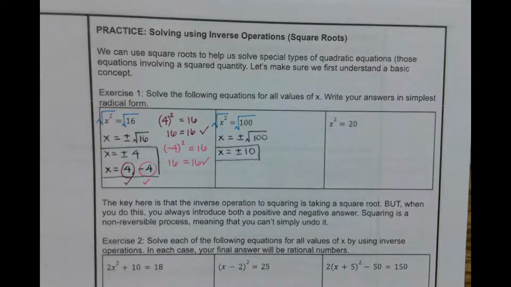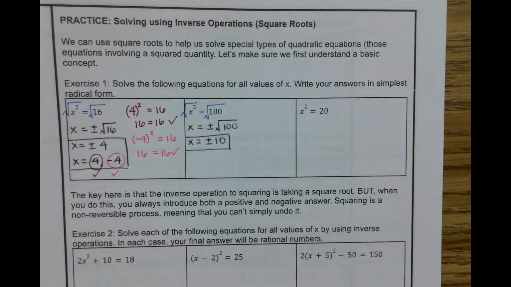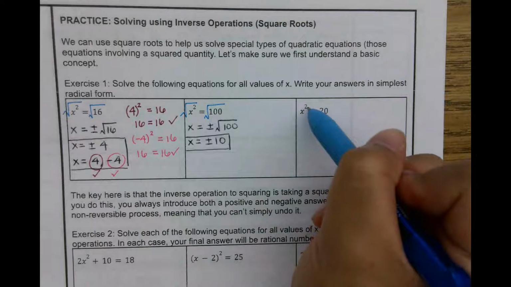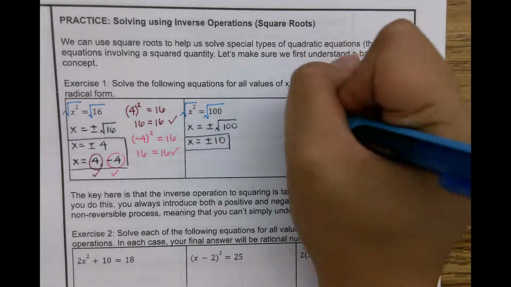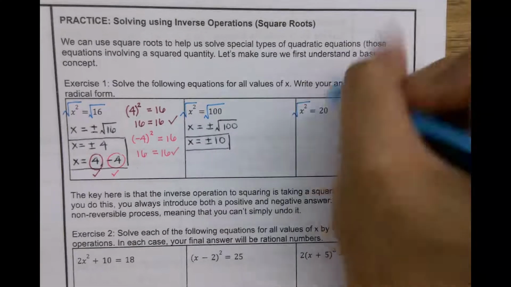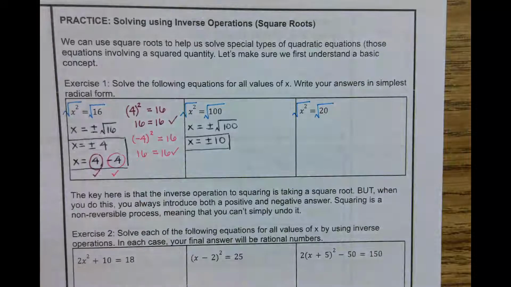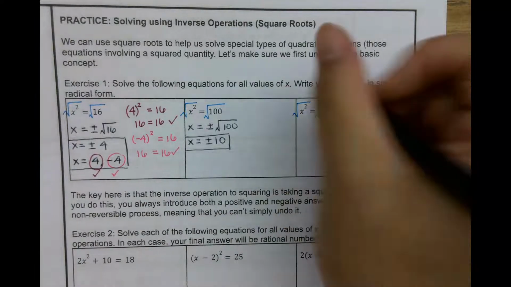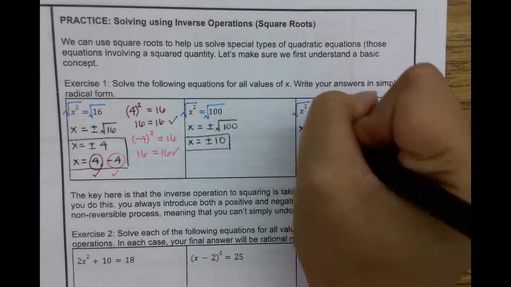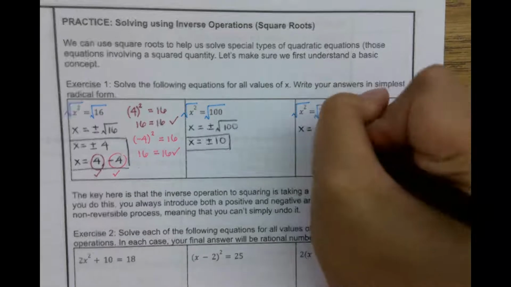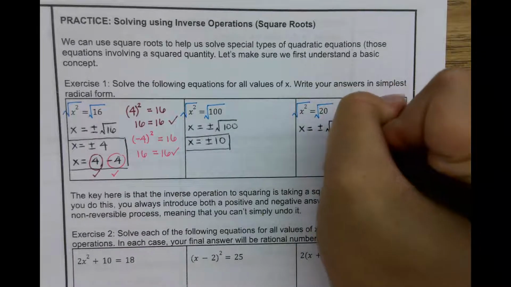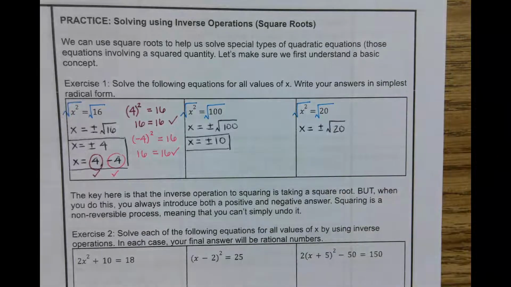Here's the next one: x squared equals 20. I'm going to undo the square by square rooting. What I do to one side, I need to do to the other. Square root and square undo each other, leaving me with x equals plus or minus square root of 20. We need to do this in simplest radical form.